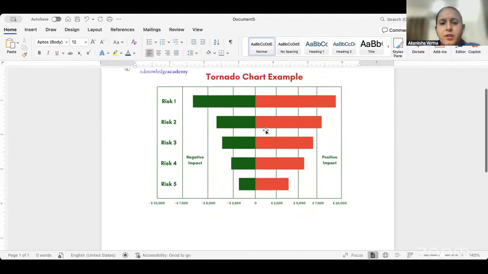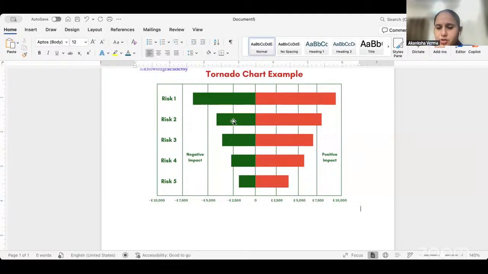See, this is an example as I showed you yesterday. You will have your different variables listed here, and because your base case result is negative 7,767, the vertical line would start from minus 7,000.